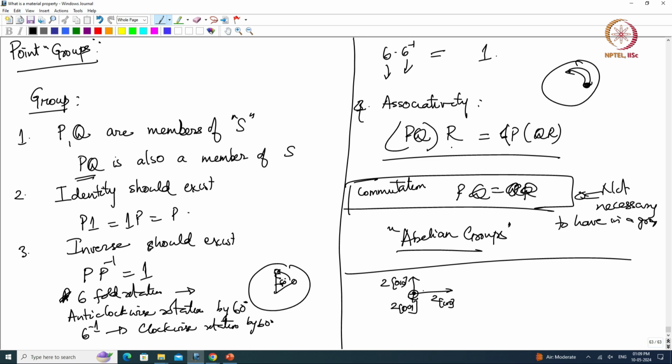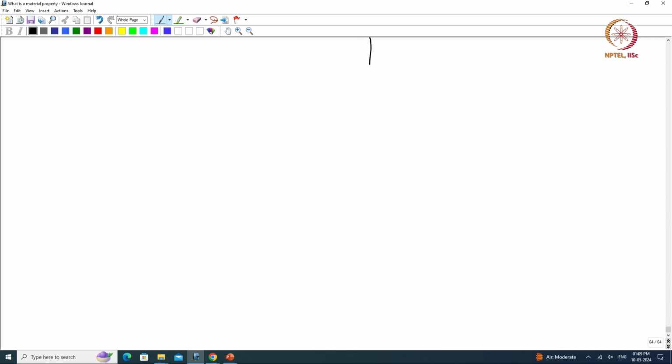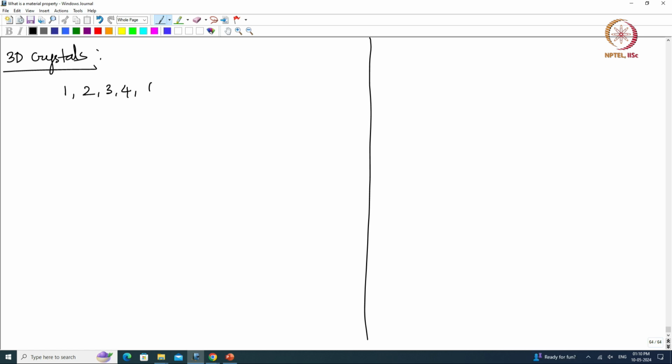Anyway, we will look more carefully at all the various point groups that come up. It turns out that in all these three dimensional crystals I can classify all the different point groups, but these point groups come up from operations such as 1, 2, 3, 4, 6, or 1 bar, 2 bar, 3 bar, 4 bar, 6 bar.